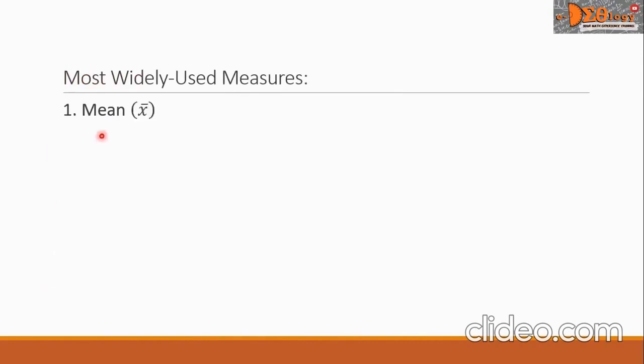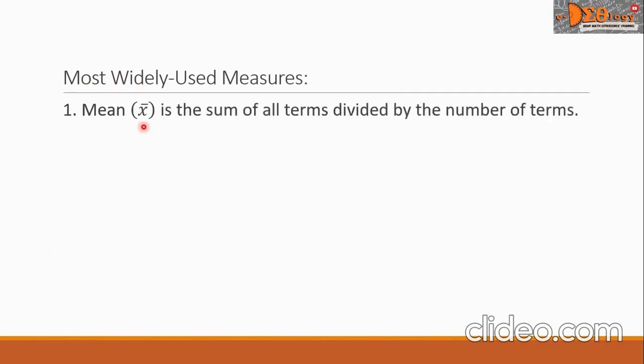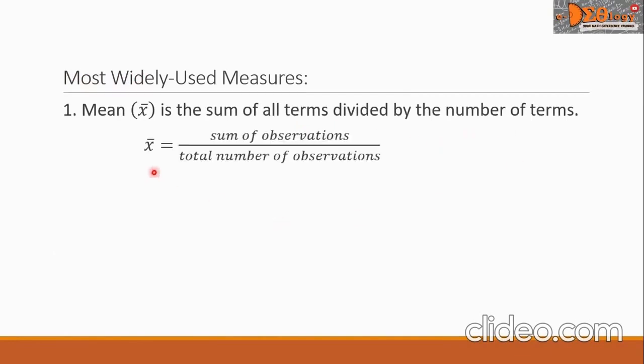The mean, symbolized by x bar, is the sum of all terms divided by the number of terms. In symbol, we may write x bar equals sum of observations divided by total number of observations.